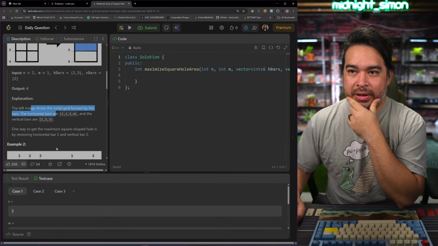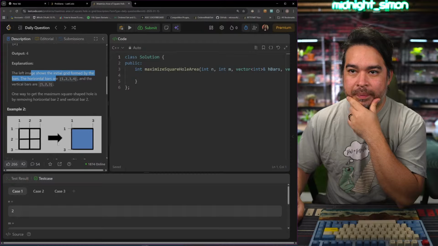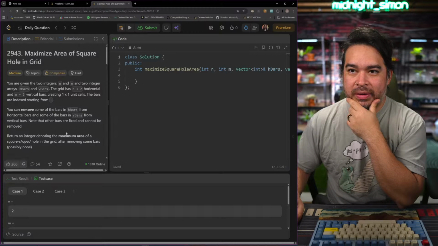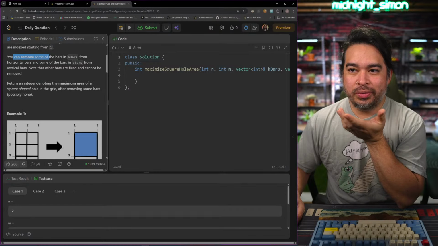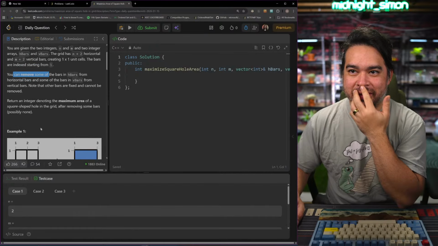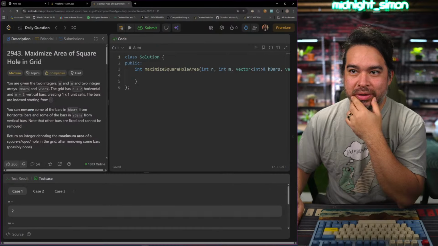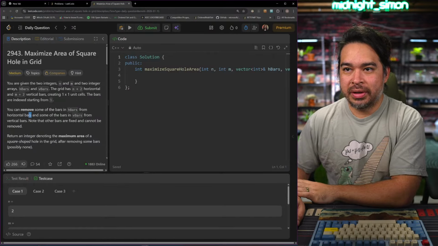I don't know, man. So why wouldn't I just remove all of these bars and then just find the maximum area after removing? Is there a certain limit to how many bars you can remove?